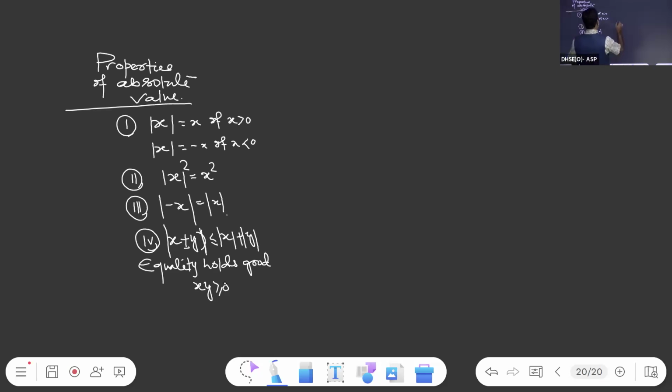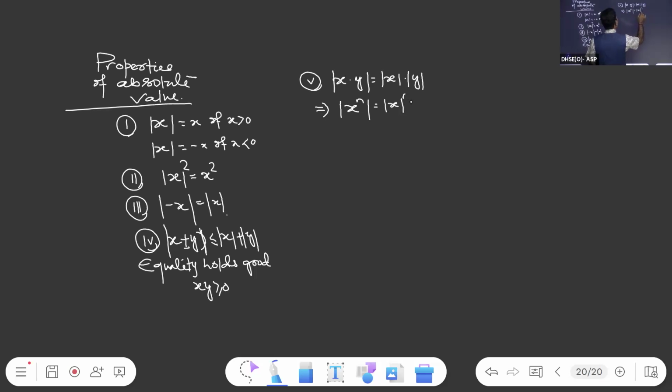Then the fourth property: mod of x into y equals mod x into mod y. This implies mod of x to the power n is equal to mod x to the power n.